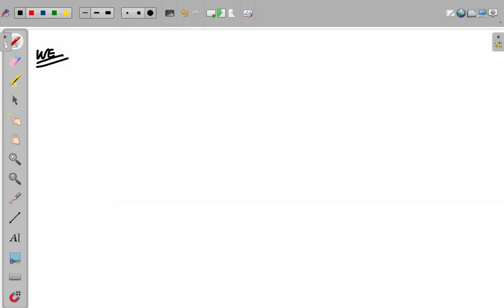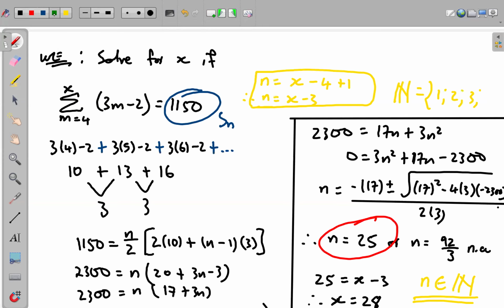There's another hand. Bulali, yes, go for it. I was going to ask if we're ever going to be asked to calculate the value of m. Let me just go back here. In other words, this starting position. Is that what you're asking?